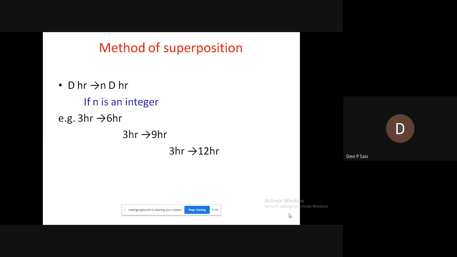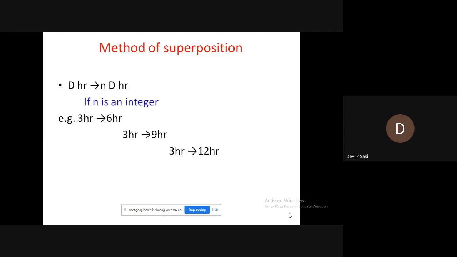Again, a 12-hour unit hydrograph can be produced from a 3-hour unit hydrograph because 3 4s are 12, so n is equal to 4. So according to the method of superposition, we can produce an nD-hour unit hydrograph from a D-hour unit hydrograph provided n is an integer.